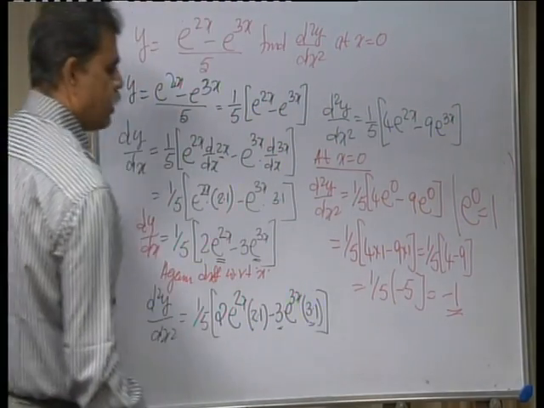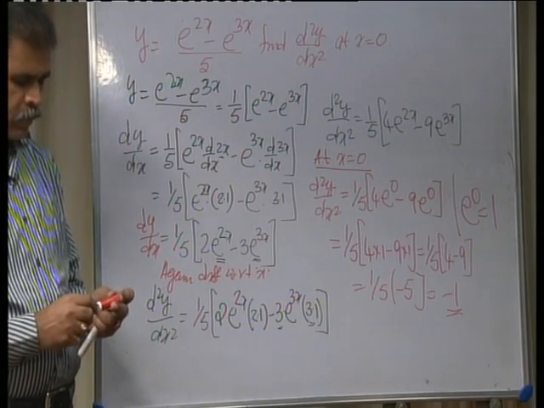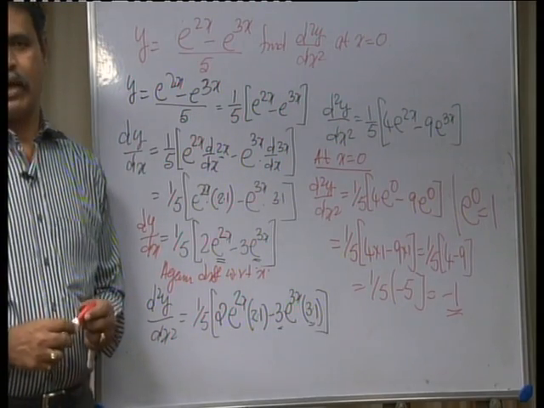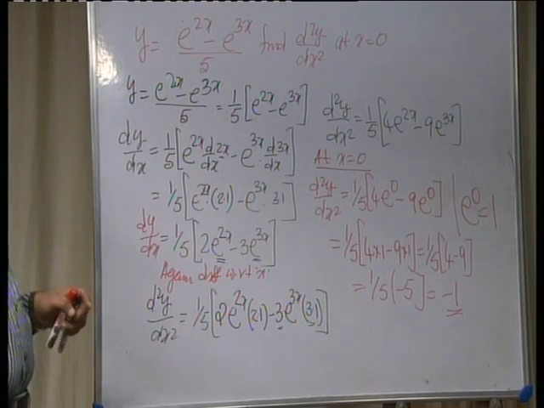The answer is minus 1, that is d square y by dx square at x is equal to 0. This is an examination problem.